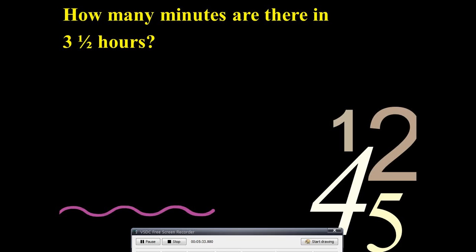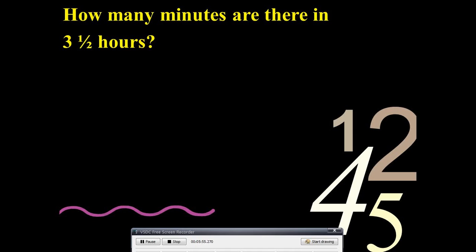So in order to find it, we should use first of all 3, and then we should use half an hour. So in 3 hours we have how many minutes? We know that in 1 hour we have 60 minutes, and for 3 hours we will multiply 3 by 60, and then we'll have a look at half an hour.